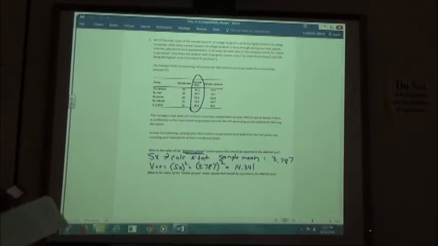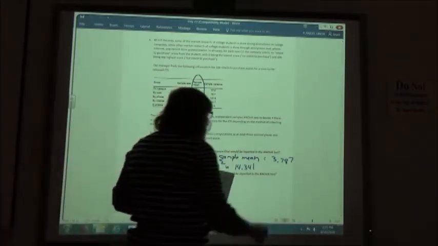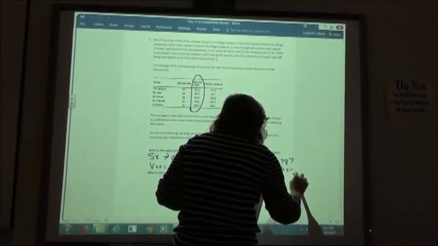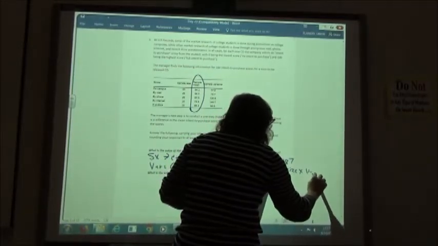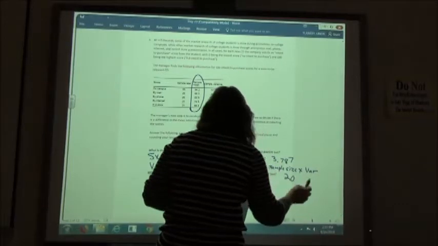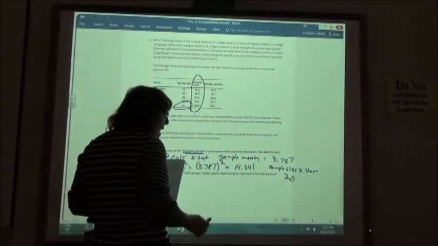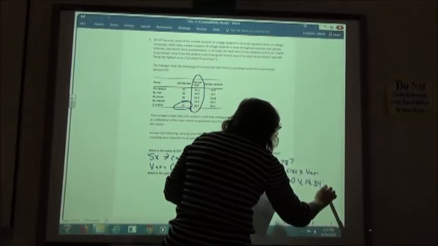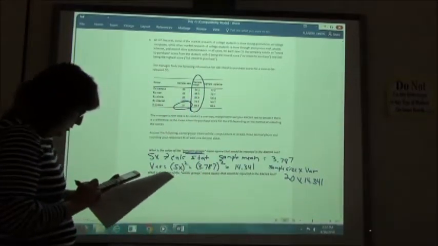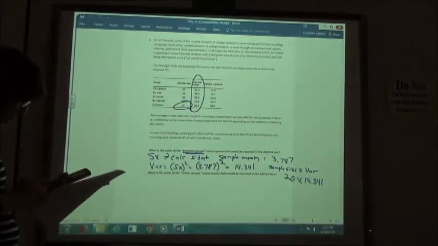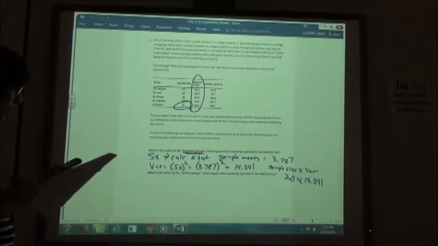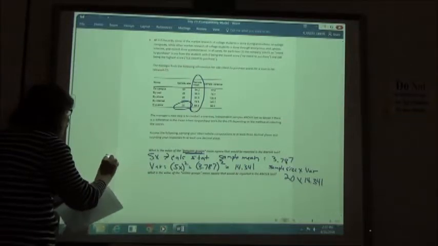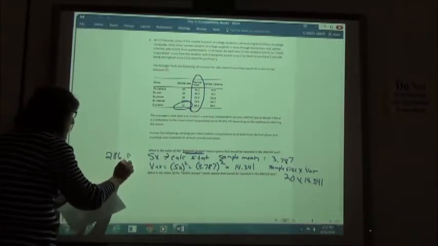14.341, and then multiplying that by the sample size. Sample size times the variance. We're using the 20 because we had 20 in each sample. So 20 times 14.341 gives me 286.8.